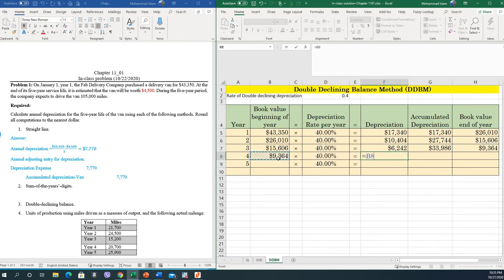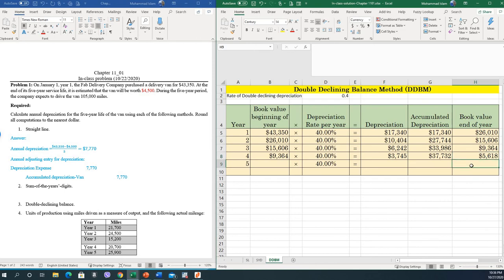Let's see, this one multiplied by the rate of depreciation, 3,000, and the accumulated depreciation is gonna be 37,000, and what is the book value at the end of the fourth year? So initial book value minus the accumulated depreciation, so 5,000.